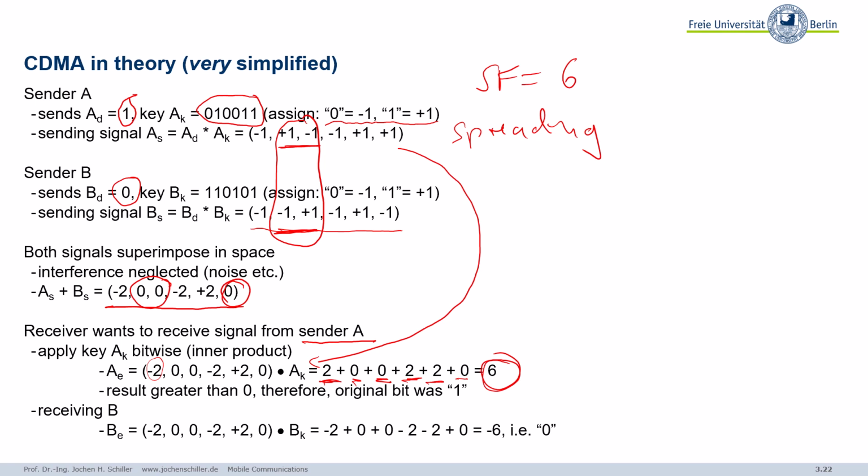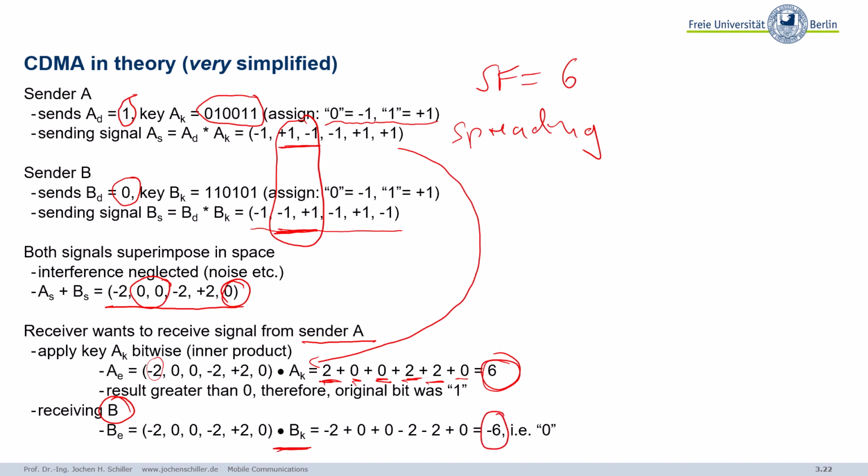6? I thought we want to calculate our bits. No. The point is, by convention, we simply say, okay, if the result is greater than 0, then the original bit was a 1. We do the same for receiving the signal of B. We multiply with the key of B, and we get a nice -6.